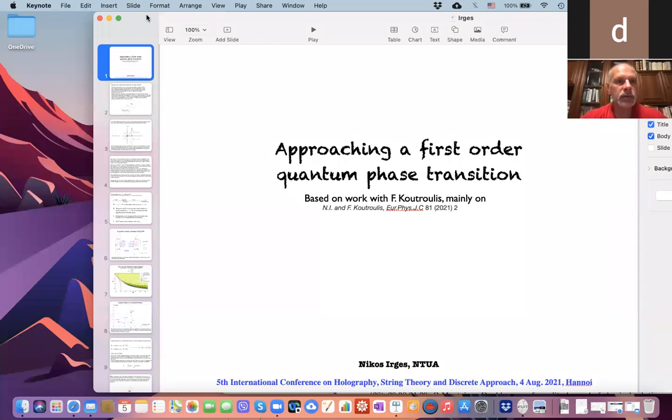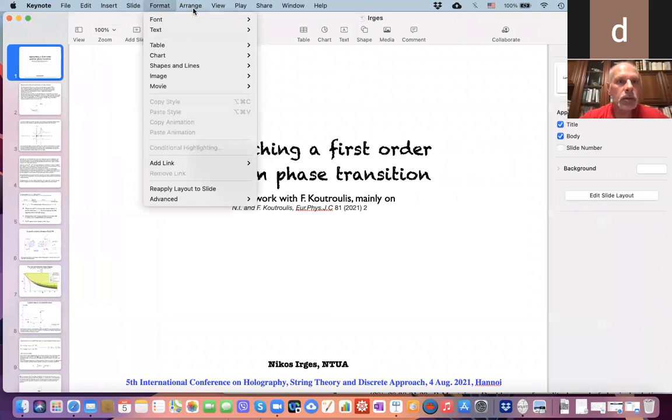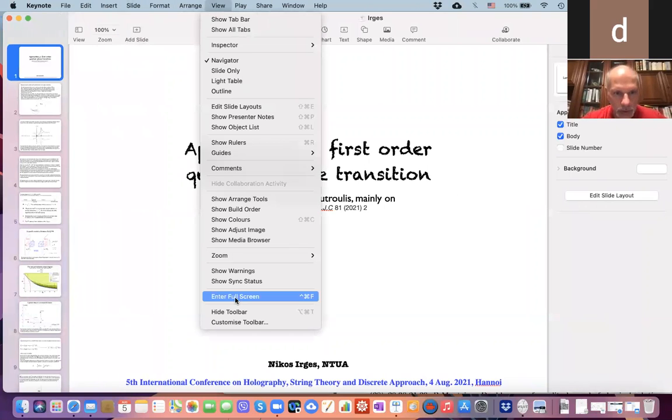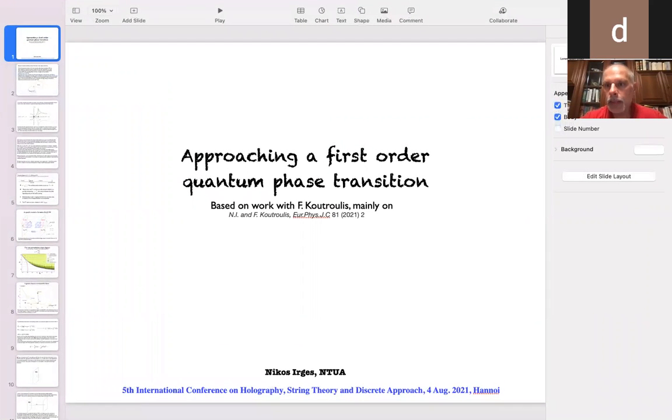Speaker is myself. Let me go full screen. Okay. So I will talk about first order quantum phase transitions in the context of quantum field theory.